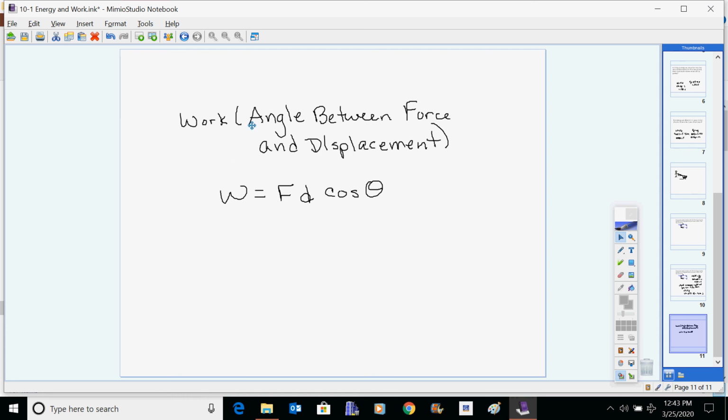And the formula is the work is the angle between the force and the displacement you use for theta. And you can use this formula right here. The angle between the force and displacement would be theta.